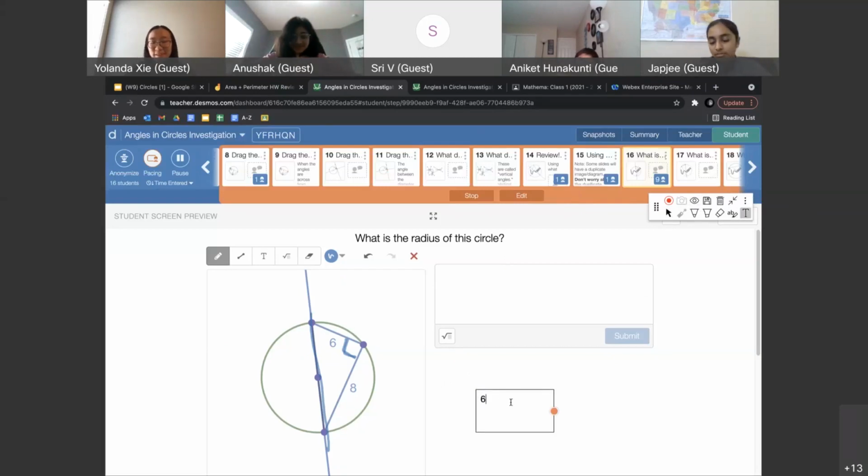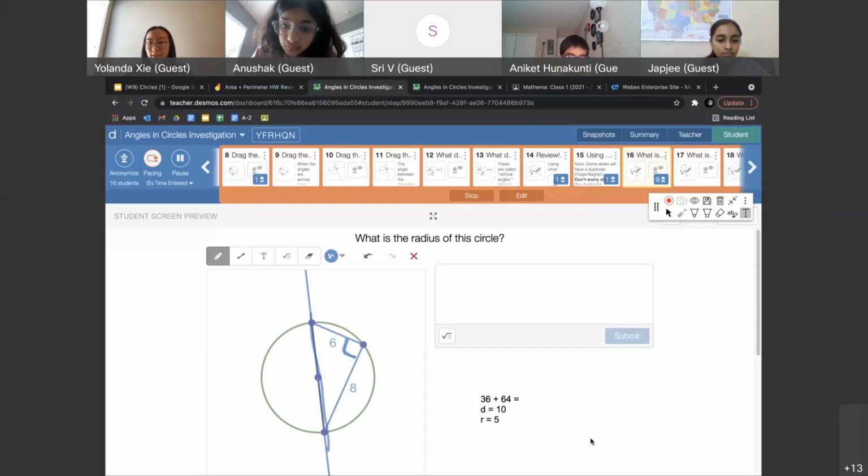It's okay. So we have 6 squared, which is 36, plus 8 squared, which is 64, equals the diameter squared. So that tells you that the diameter equals 10, which means the radius equals 5.